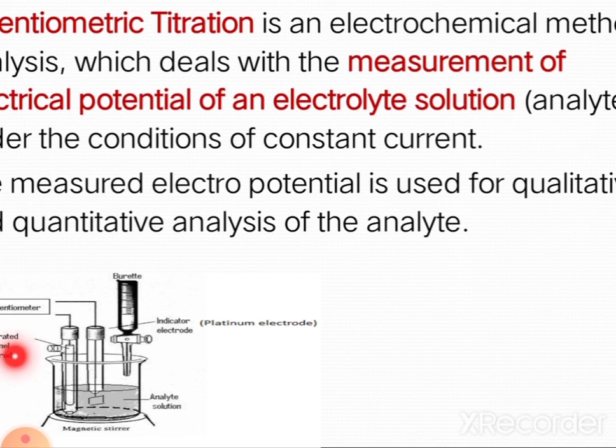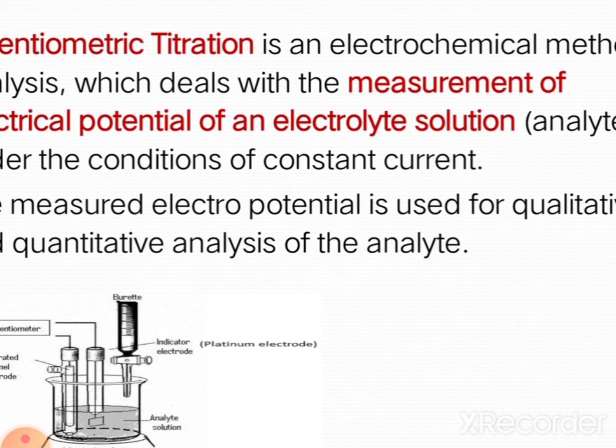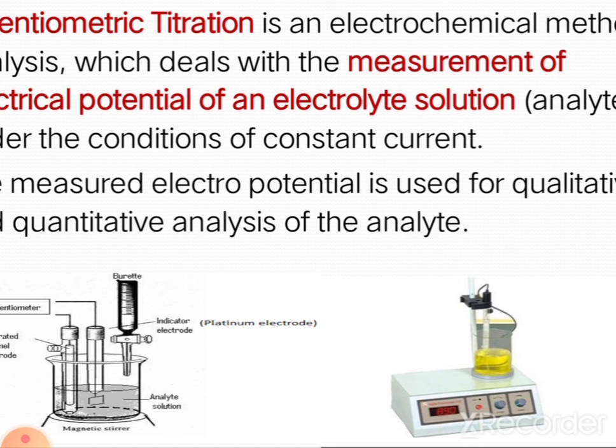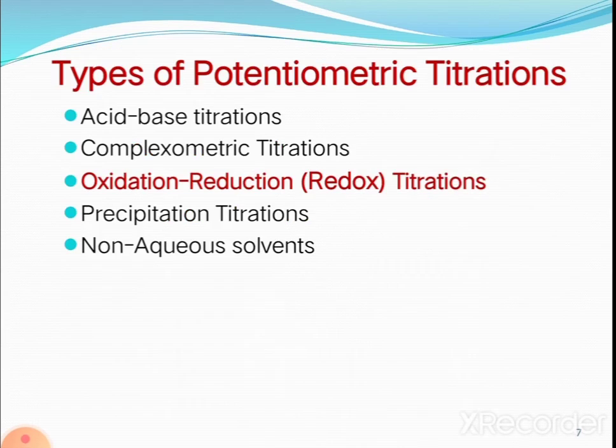One is the saturated calomel electrode and the other is the indicator electrode, and both electrodes are connected to the instrument called the potentiometer. Here you are using the burette to add the titrant, and the analytical solution is taken in the beaker for the analysis. This is the instrument we use to perform the potentiometric titration, called the potentiometer.